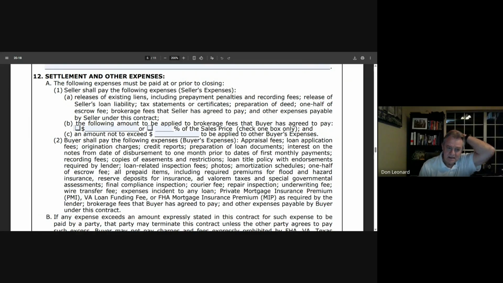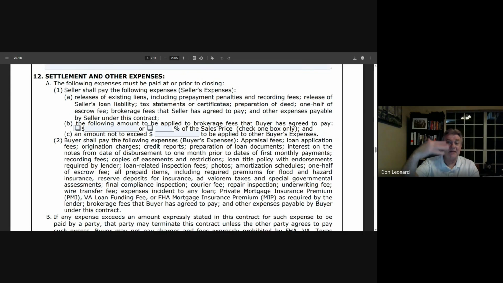Yep. All right. So 12A1B is where we're negotiating directly with the seller, asking the seller to pay our commission if we're representing the buyer. 12A1C are concessions to the buyer, not including commission. Other buyer's expenses, closing costs, prepaids, whatever the lender will allow the seller to pay.